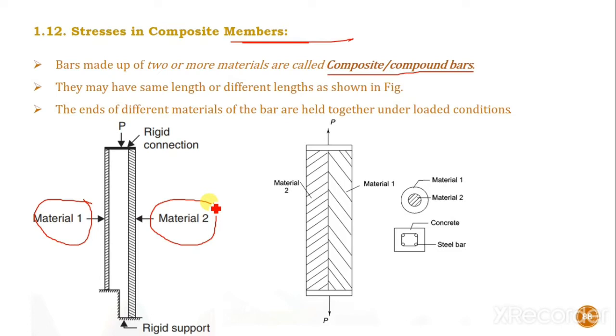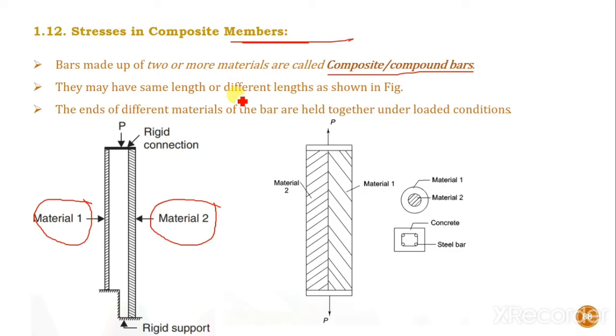So two different kinds of materials together form a member, a column. Whatever load is coming onto that column is shared by the concrete and the steel. Now we are going to see such composite or compound parts.